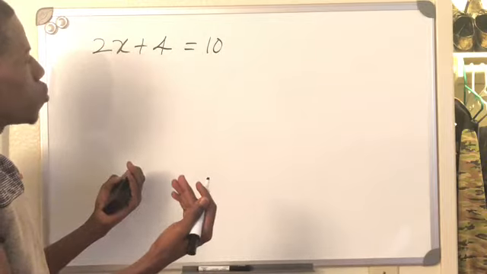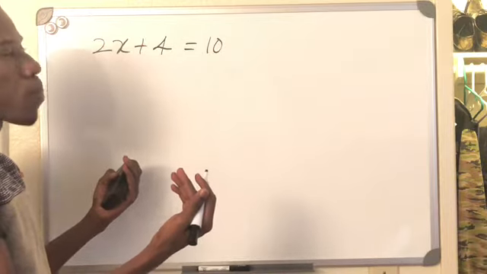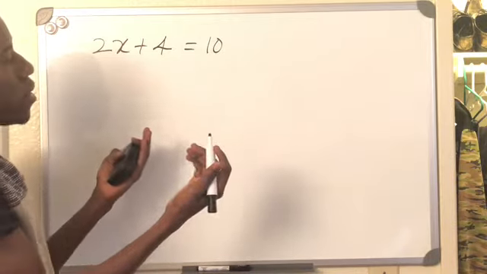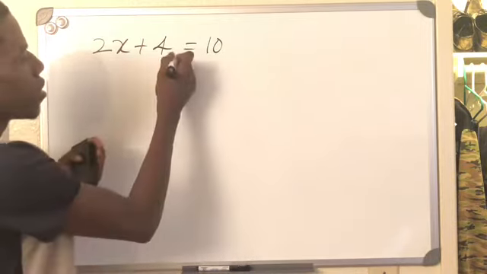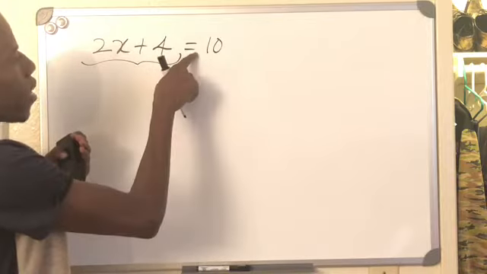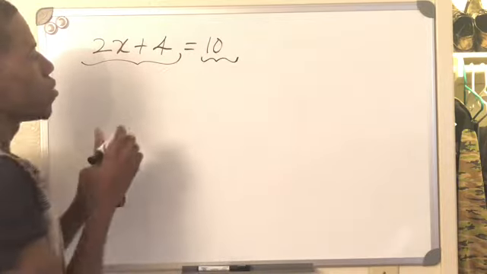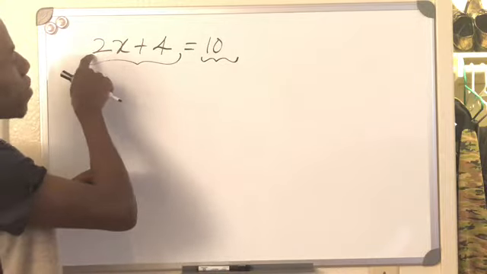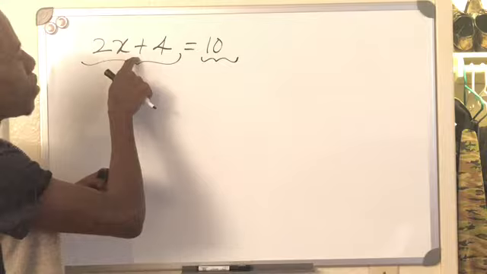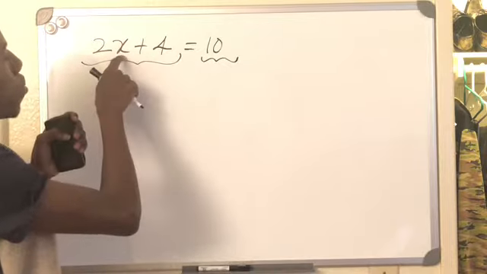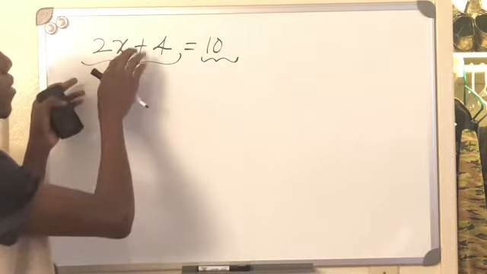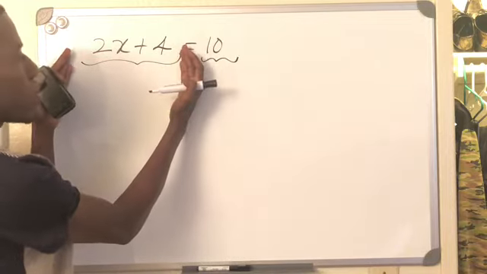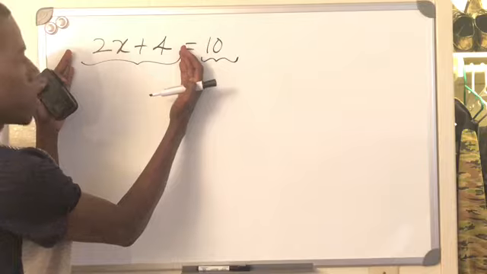The easiest way to remember how to do it: the equation has two parts. This part right here after the equal sign, and this part. Anything that is in this part, our variable part, any number in our variable part, we need to get rid of it.